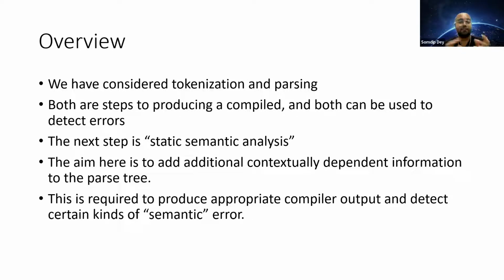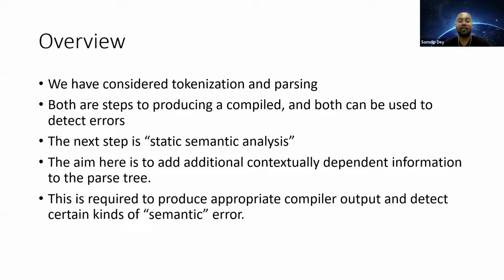The next step is static semantic analysis. The aim of static semantic analysis is to add additional contextual dependent information to the parse tree. What does that mean? The parse tree is the hierarchical representation of the tokens and the relationships between them.